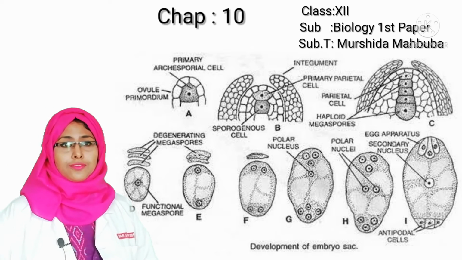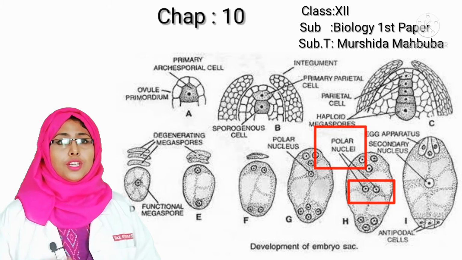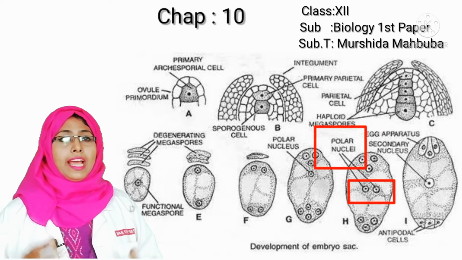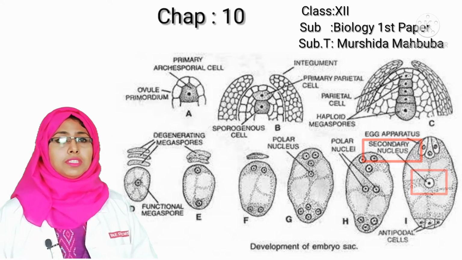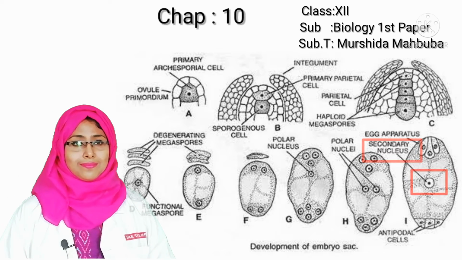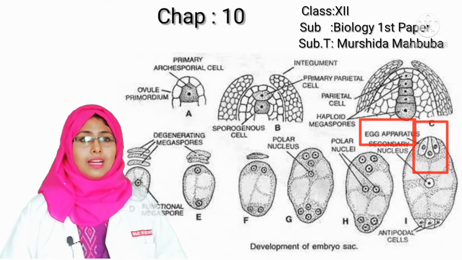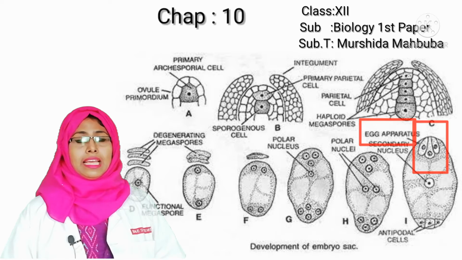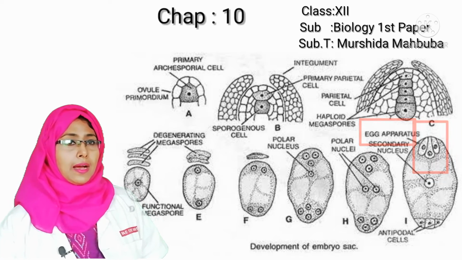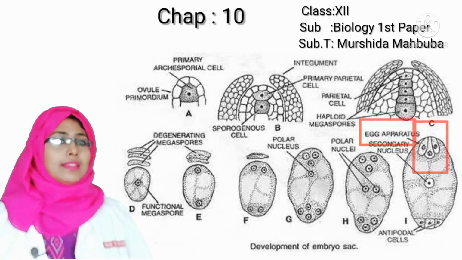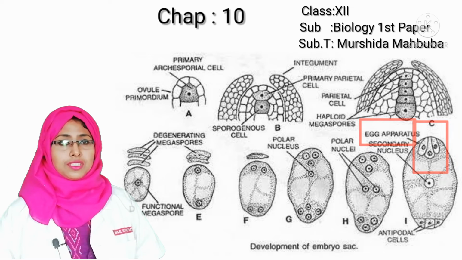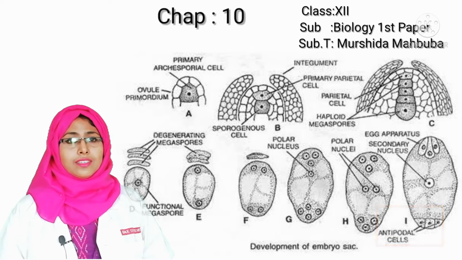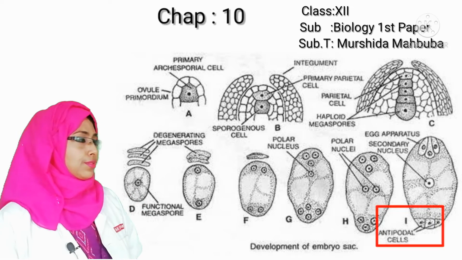One nucleus from each pole moves to the central position of the embryo sac and they fuse together to form the diploid secondary nucleus. 3 nuclei are towards the micropylar end and form the egg apparatus with a central egg cell surrounded by 2 synergids. 3 nuclei are at the chalazal end and form the antipodals.